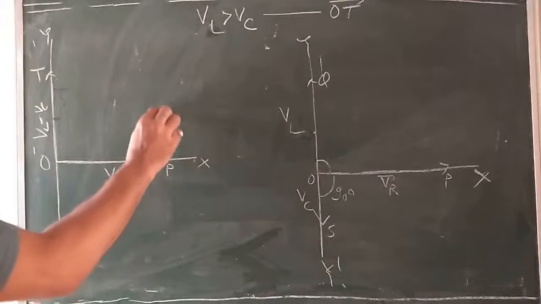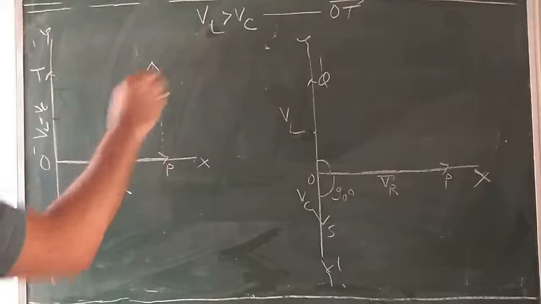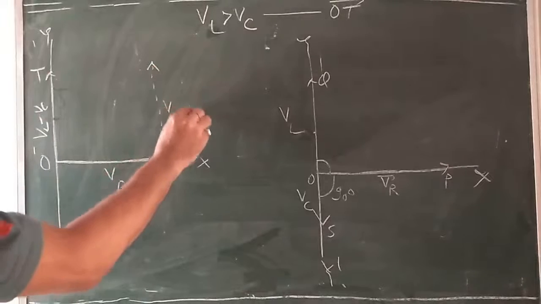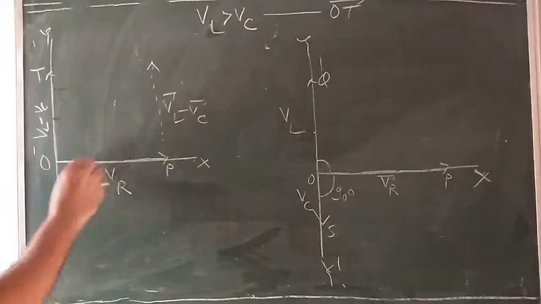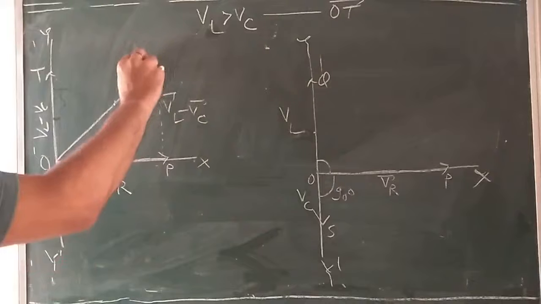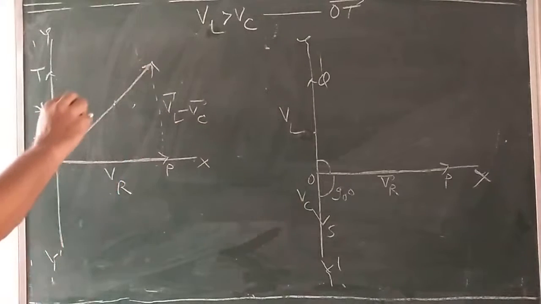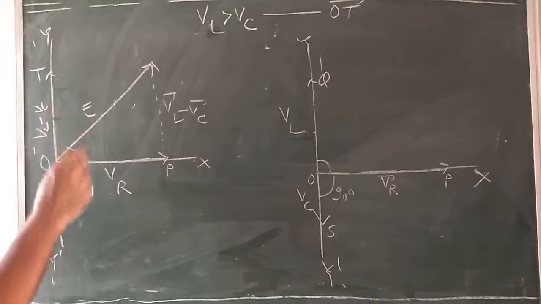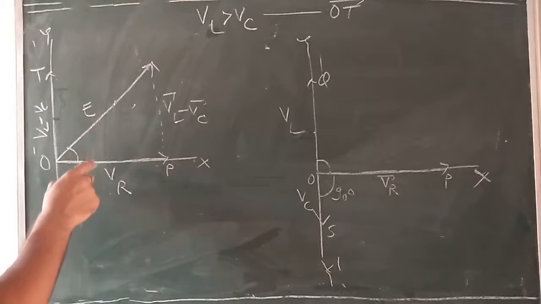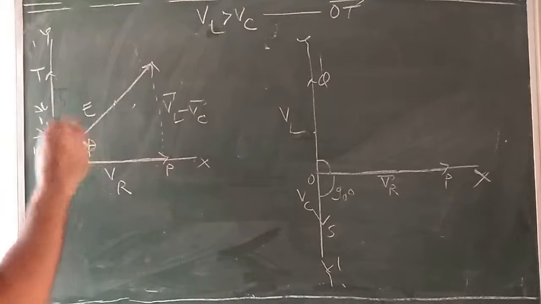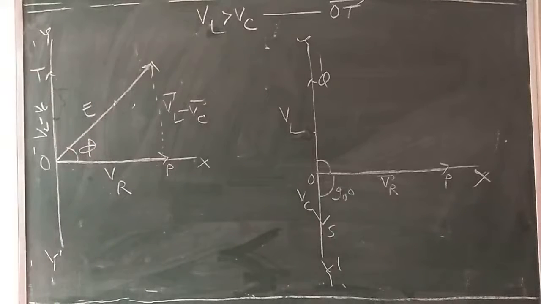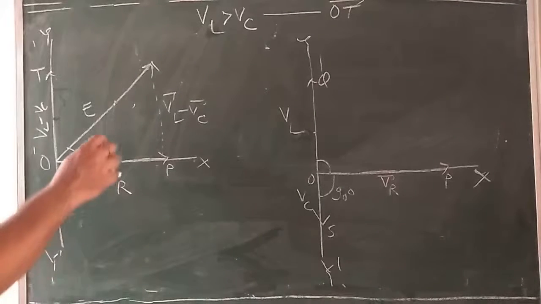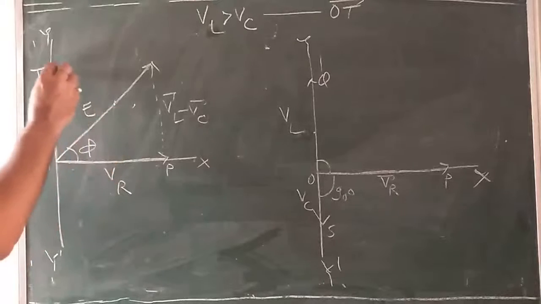Draw a vector parallel to this, that is VR, and VL minus VC. So according to the triangular law of vector addition, this is the resultant vector. This resultant vector is represented by E, and the applied EMF makes an angle, say phi, with the current. Now draw a parallelogram here.